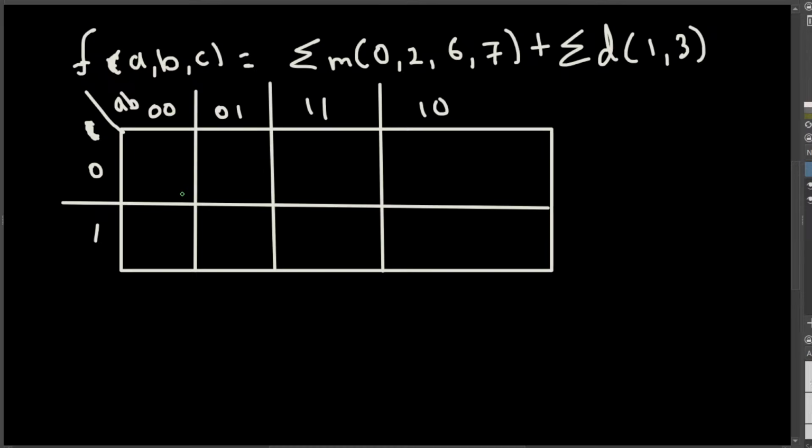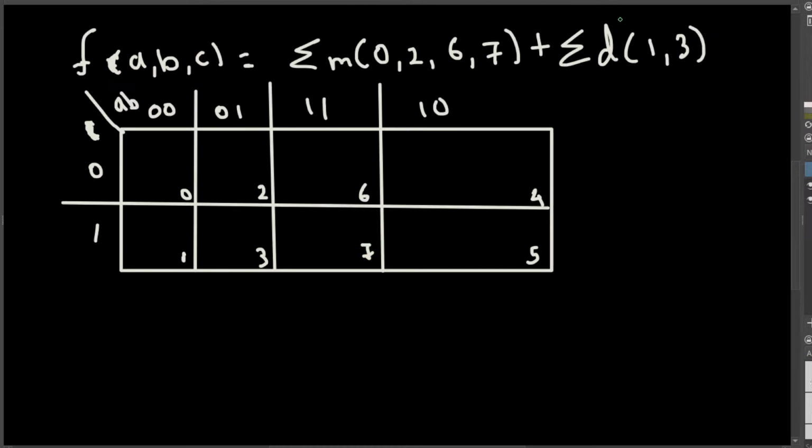This location represents the 0th location, this location represents first, then 010 is 2, 011 is 3, 100 is 4, 101 is 5, 110 is 6, and 111 is 7.